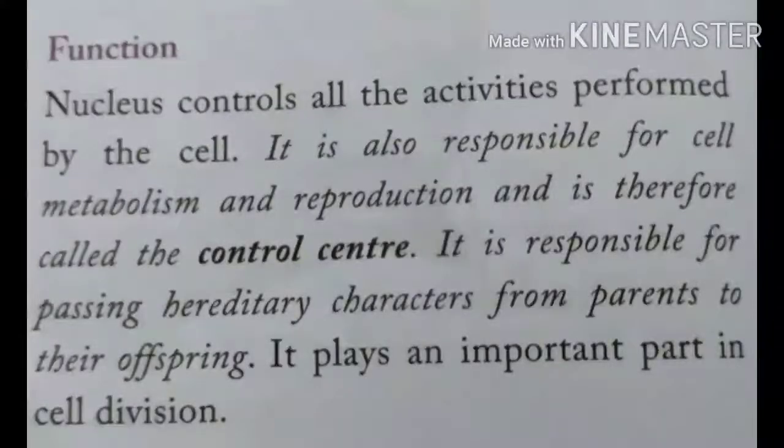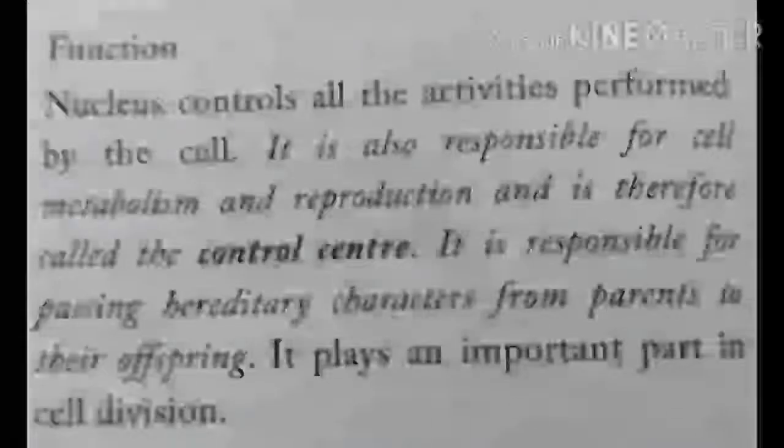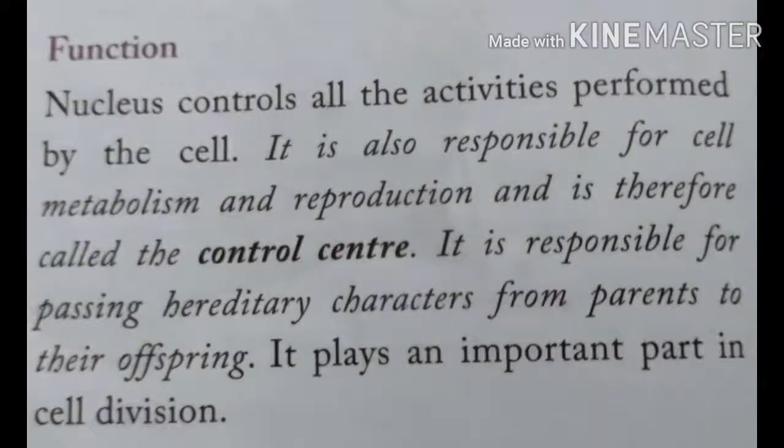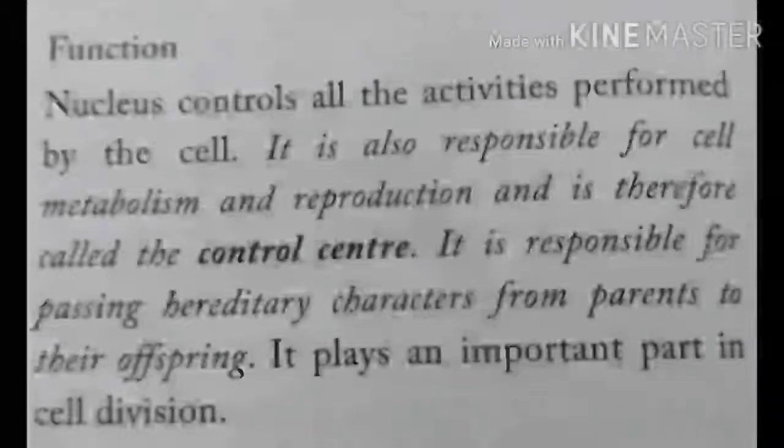It is responsible for passing hereditary characters from parent to offspring. It plays an important part in cell division, and nucleus controls all the activities performed by the cell. It is also responsible for cell metabolism and reproduction.